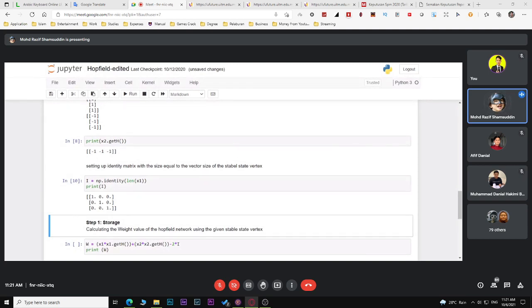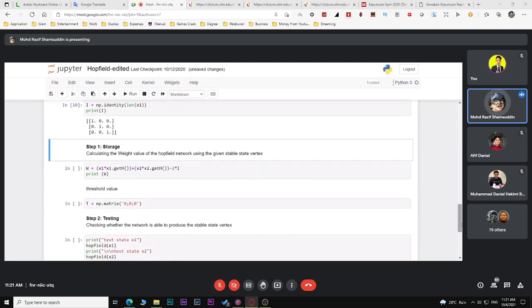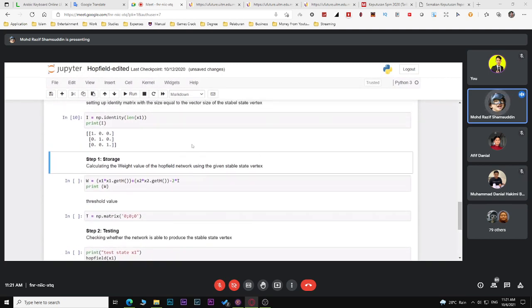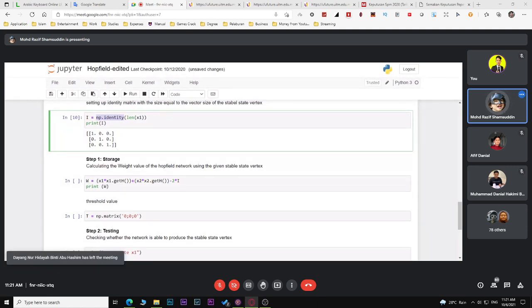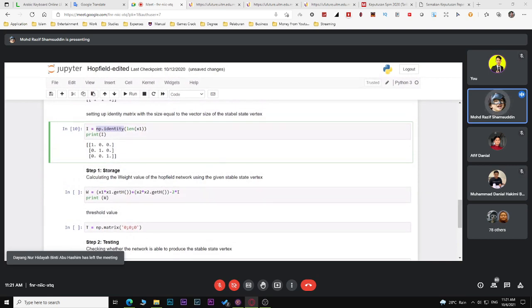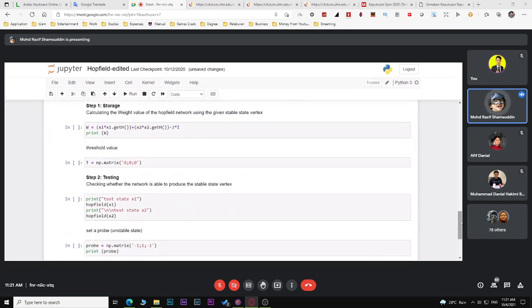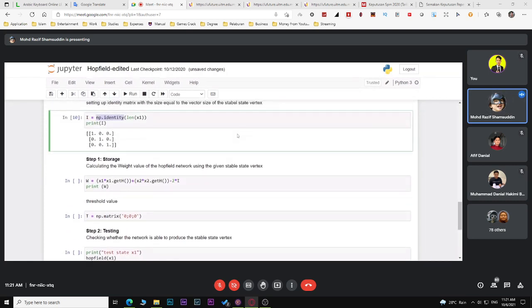Okay, so print I, kita dapat 3 times 3 identity matrix lah. So identity matrix pun ada juga di dalam NumPy. Okay, so dia adalah method ataupun function yang mana kita pakai je, tak payah kita nak pening-pening kepala create the identity matrix, right? So kita hanya define the number of vector. Vector kita ada 3, vector dengan neuron sama. So bila neuron kita ada 3, dia akan buatkan 3. Okay.